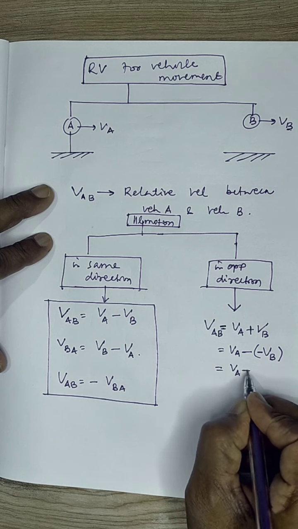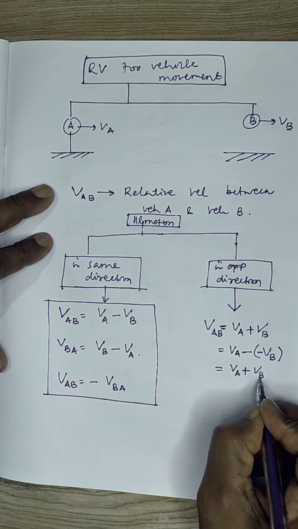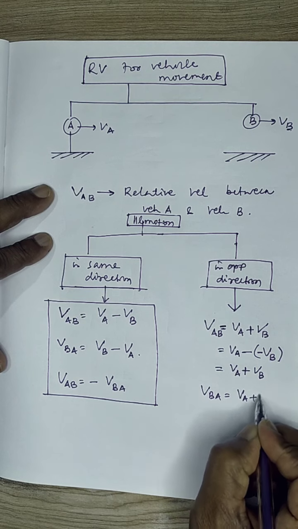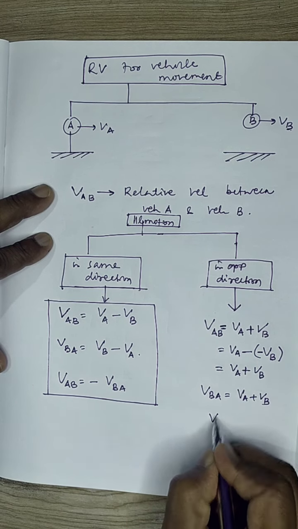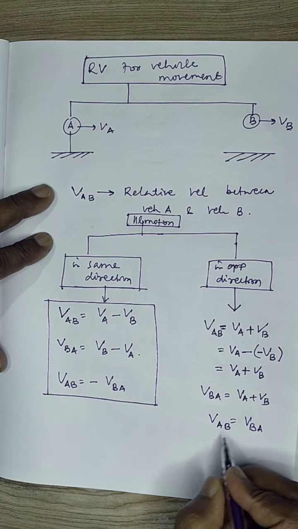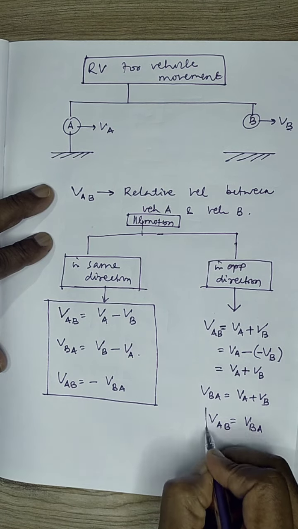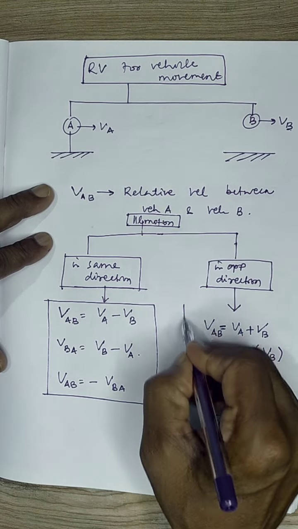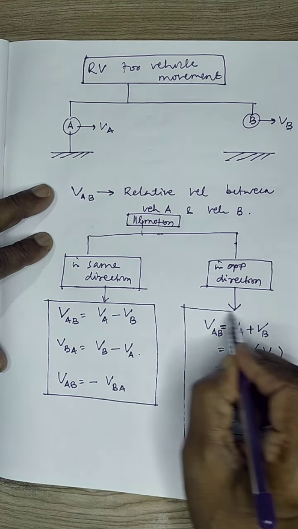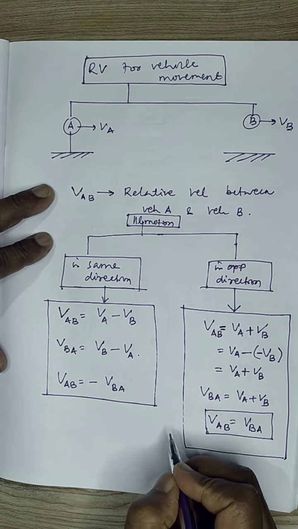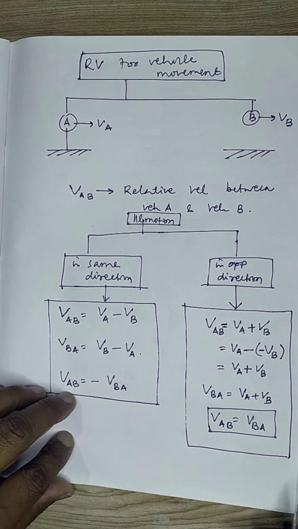In that case, it becomes VA plus VB, and VBA also VA plus VB. In this case, VAB is equal to VBA. This is the case of relative velocity when two objects are in parallel motion and in opposite directions.